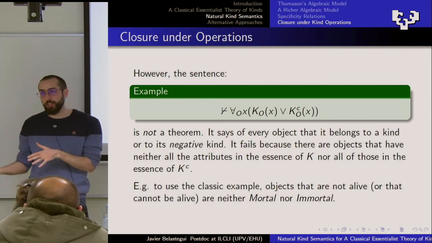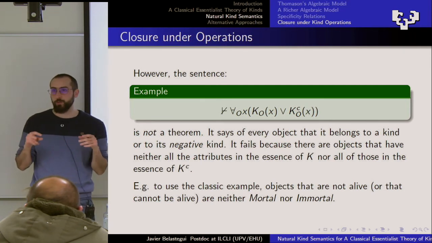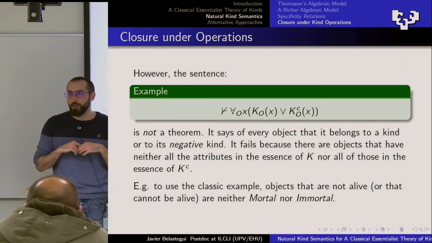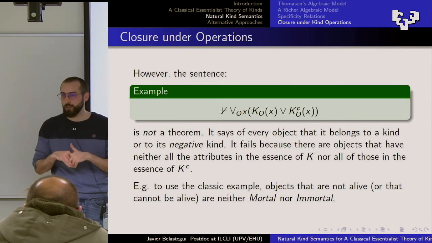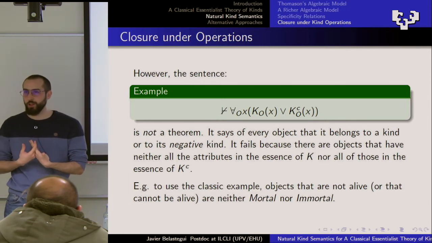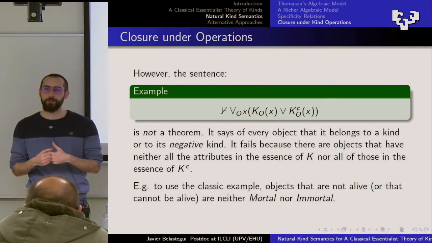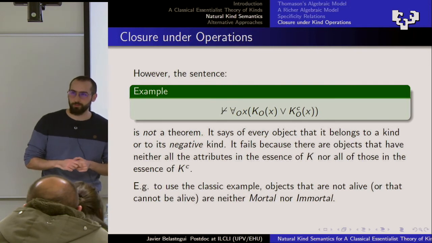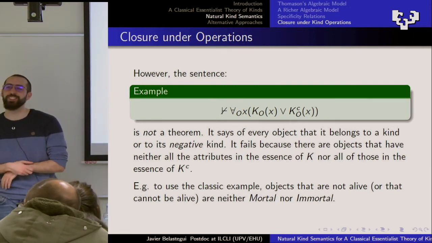The other negation, for instance, would go in a different way. Non-contradiction would fail for that negation, and you would have things that belong to both the kind and the negation of that kind. Let me give you a maybe not so convincing example.